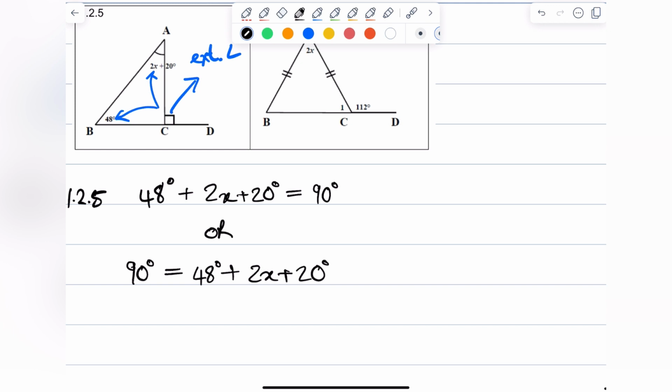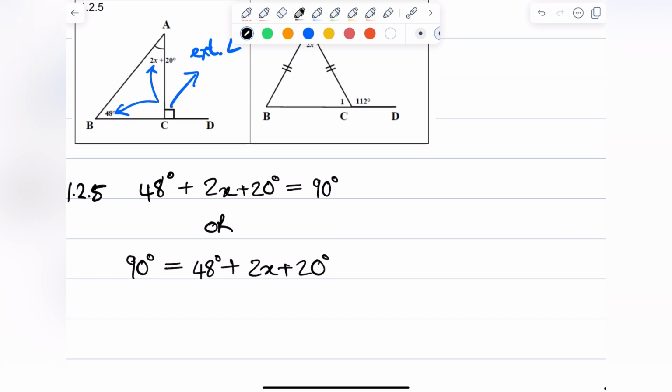The exact same things are on both sides of the equal sign, just written in reverse order. They are both the same equation. So our reason for both, of course, is exterior angle of triangle.